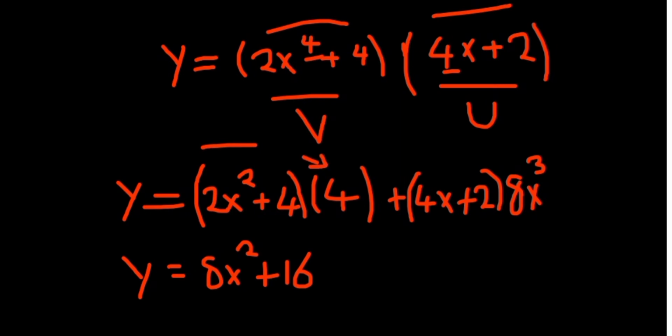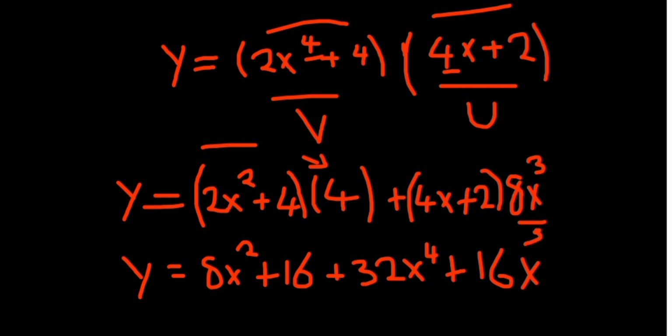On the other side, if you distribute this one, it will be 8 by 4, which gives 32, so it will be 32x raised to the power 4, because there is an x on the 4, then there are 3 on the 8. So it will be 32x to the power 4 plus 2 by 8, which is 16x to the third power. As you can see, we don't have any like terms, so we can end here. This is our answer.